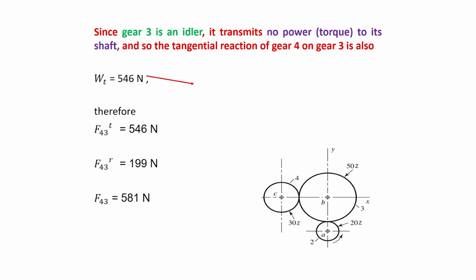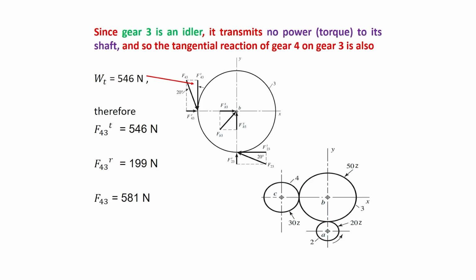Since gear 3 is an idler, it transmits no power to its shaft, and so the tangential reaction of gear 4 on gear 3 is also Wt, equal to 546 Newton. Therefore, F43 tangential is equal to 546 Newton.